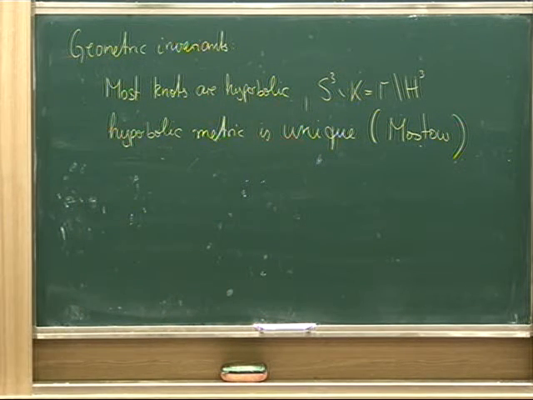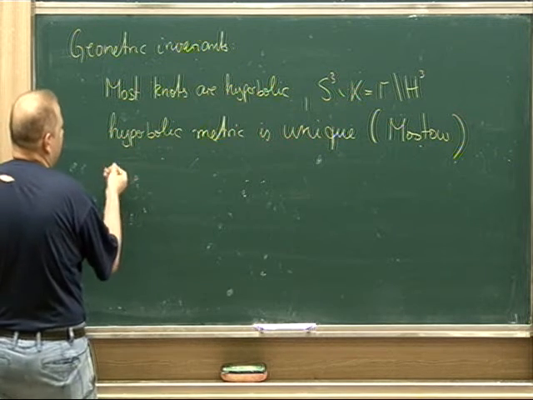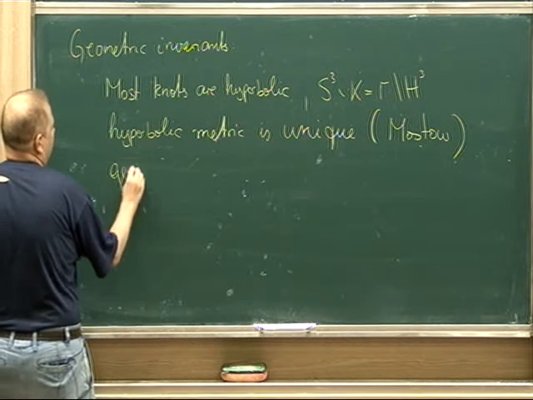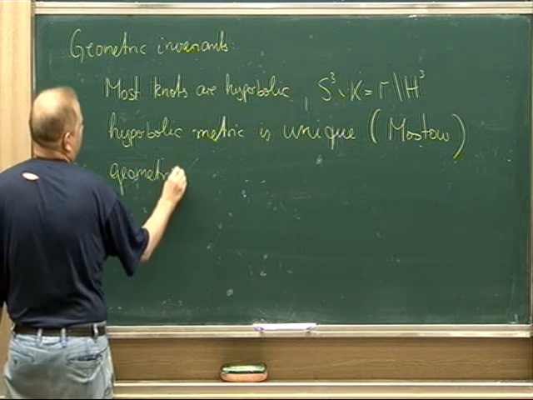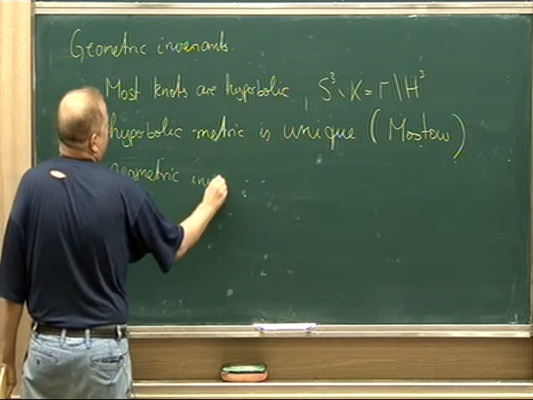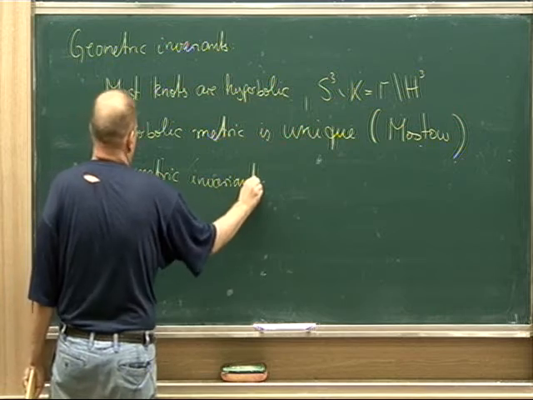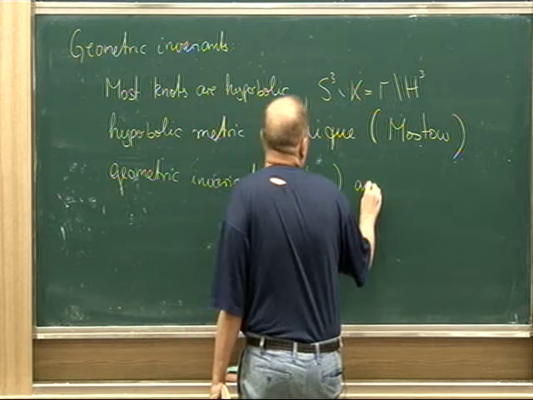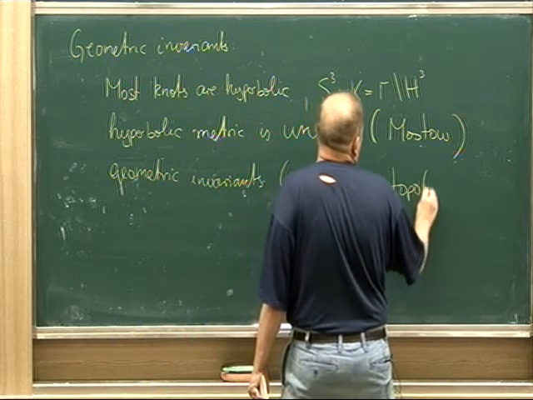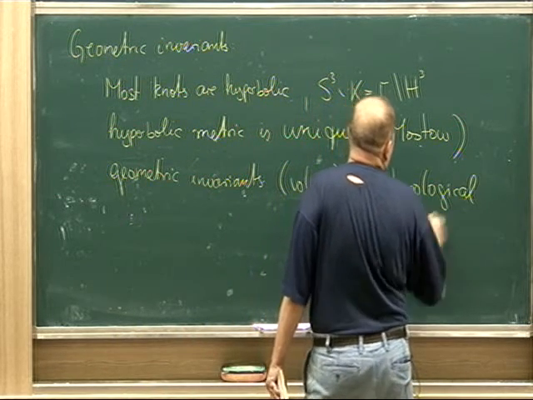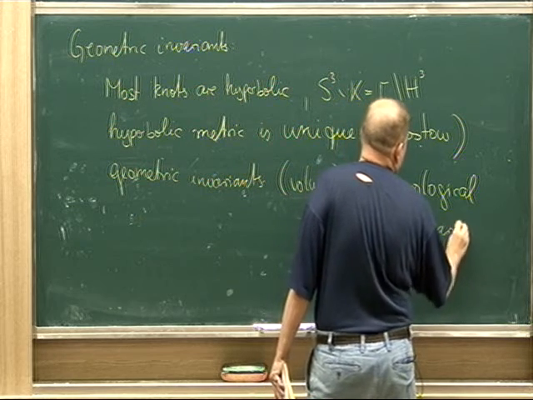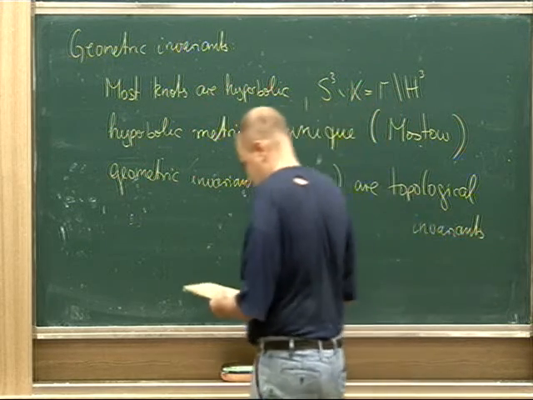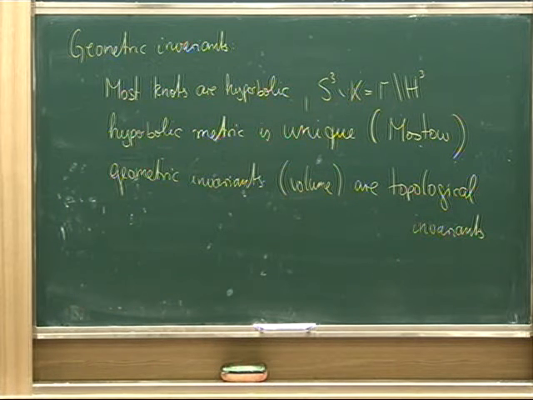And so this means that geometrically defined invariants are topological invariants. So one can take, for example, the volume of the hyperbolic metric and get a topological invariant. And then one can ask for the behavior under topological operations like, say, cut and paste.